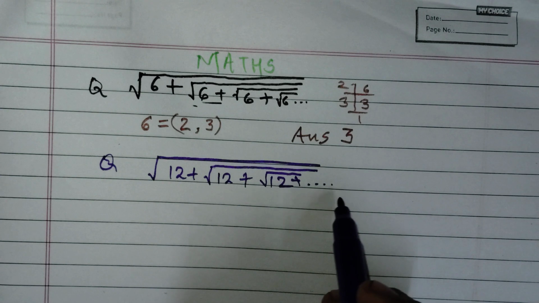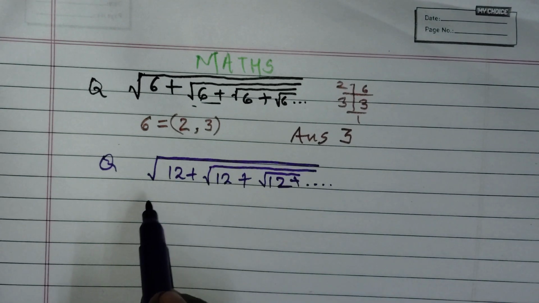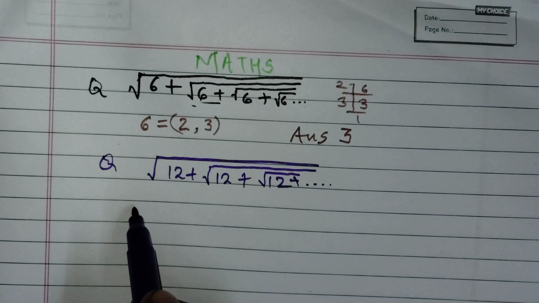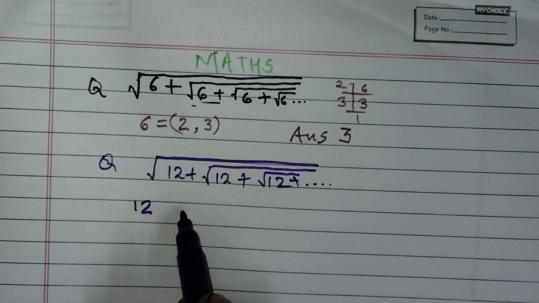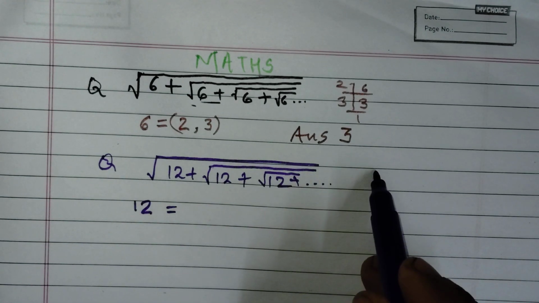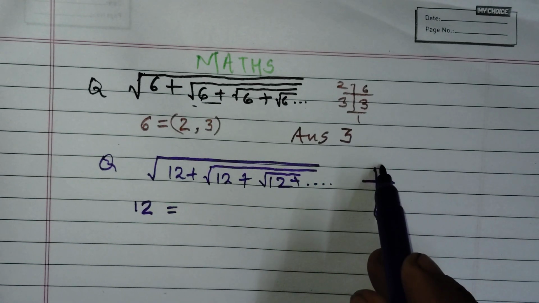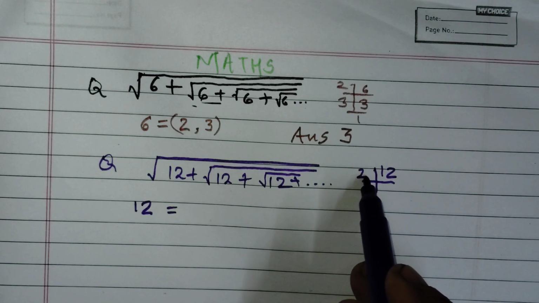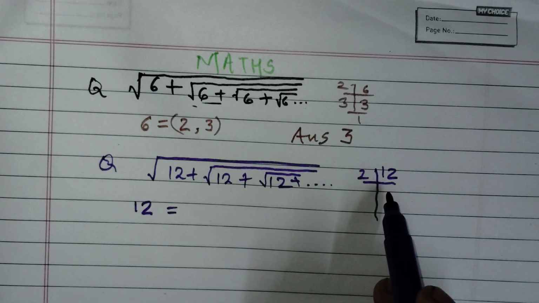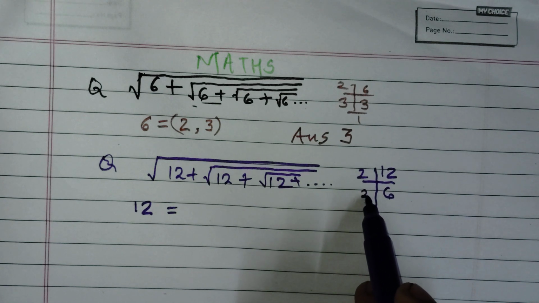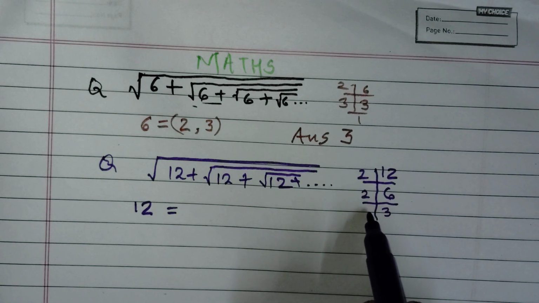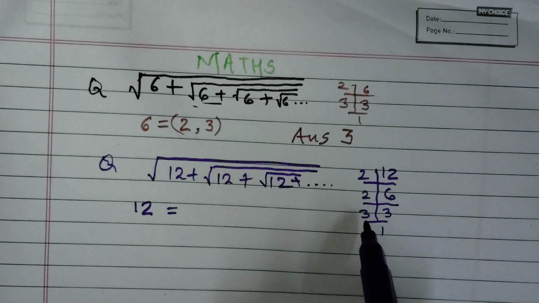To find the answer, we write 12 outside the square root sign and find the factors of 12. We divide by 2: 12 divided by 2 is 6, 6 divided by 2 is 3, and 3 divided by 3 is 1.